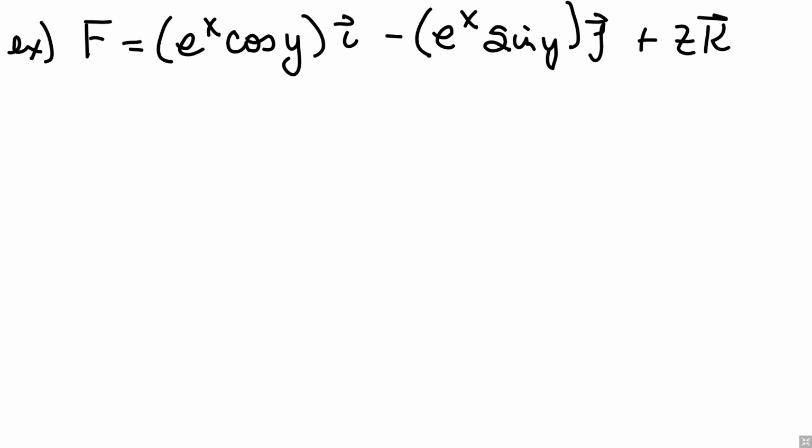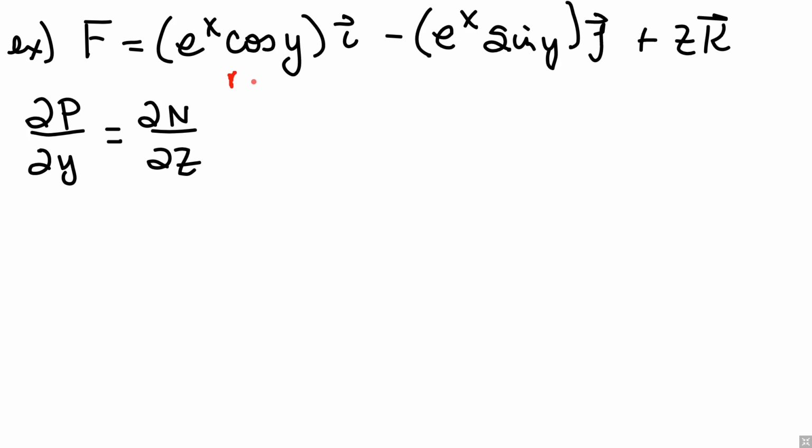So the first time around, we're looking to show that the partial of P with respect to y is equal to the partial of N with respect to z. Okay? And again, we can say this is M, this is N, this is P.